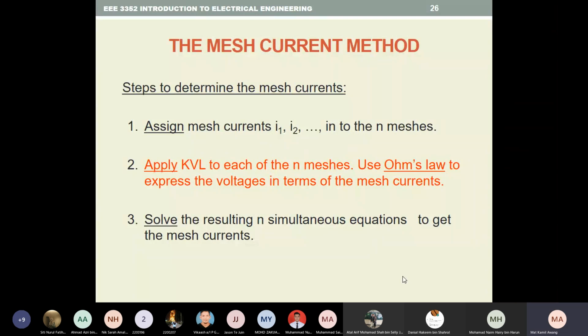Then, second step, you apply KVL to each of the N meshes. So you use Ohm's law to express the voltage in terms of the mesh currents. Then you solve the resulting simultaneous equations to get the mesh currents.